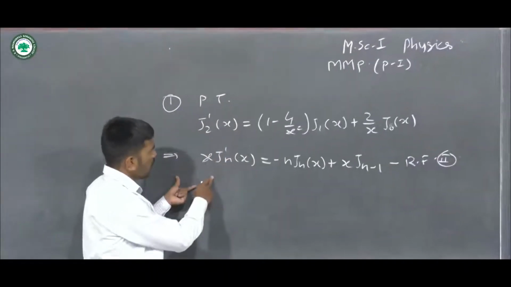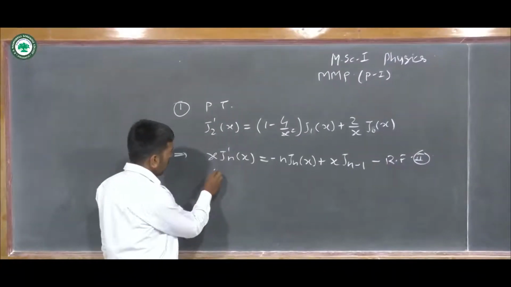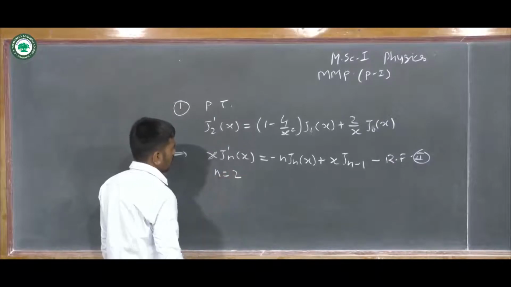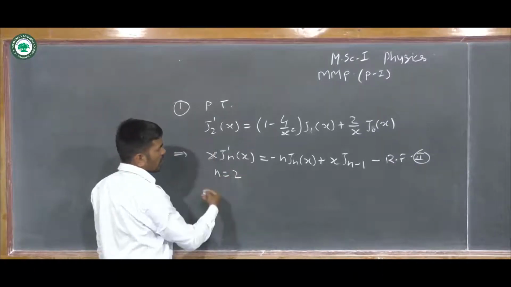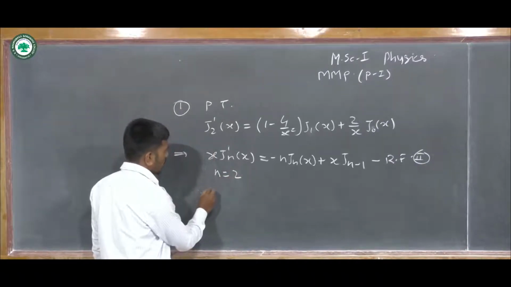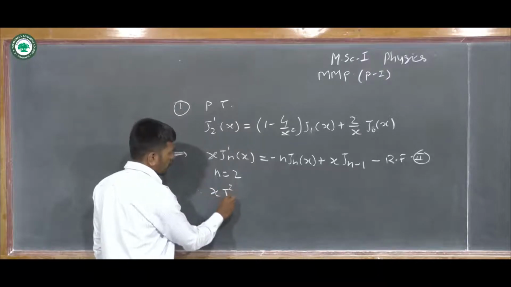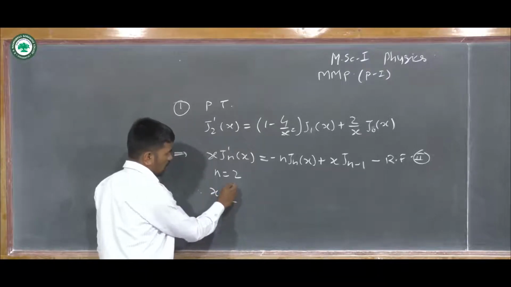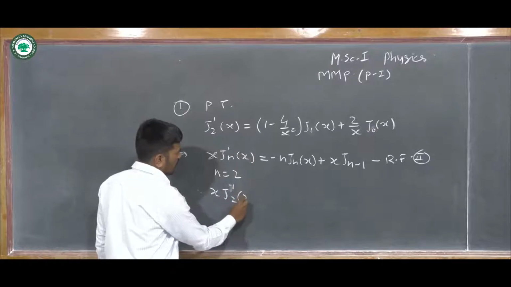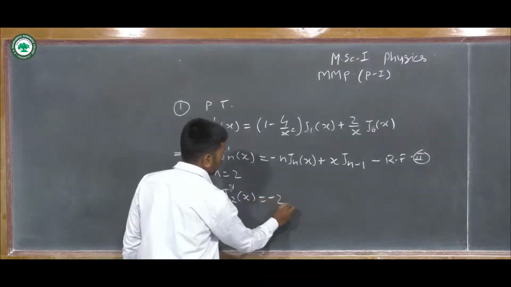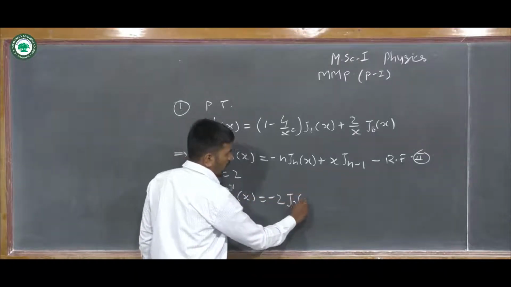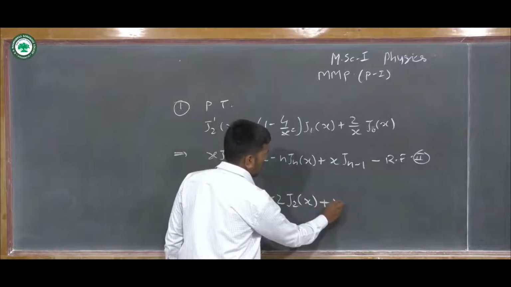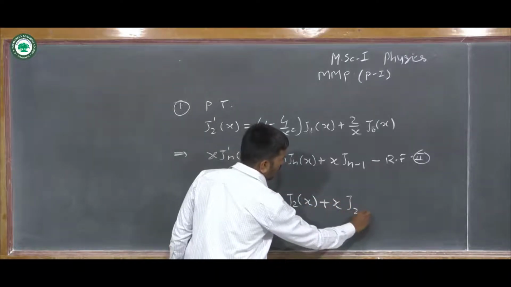So in this formula, if I put n is equal to 2, from this given example, it is x into J prime 2 x is equal to minus 2 into J2 x plus x J2 minus 1.